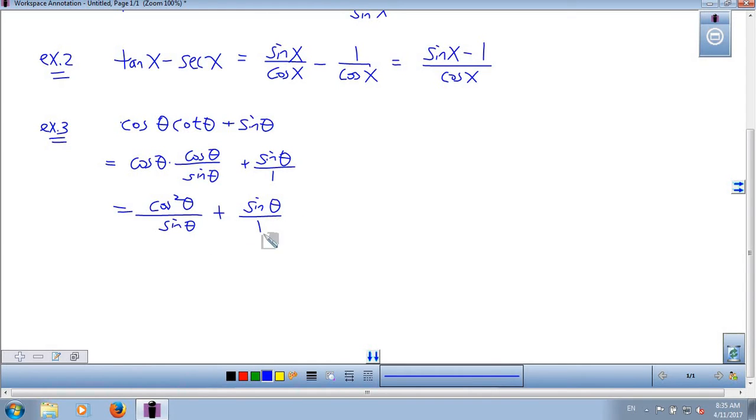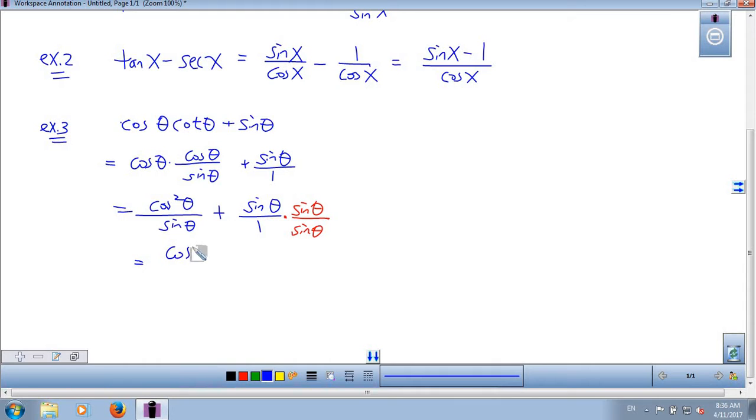As you can see, we have two fractions again, and in order to combine the fractions, we have to have the same denominator. The denominator here is sine, the denominator here is 1, so the easiest common multiple is sine theta. That means we have to multiply the numerator and denominator both by sine theta.